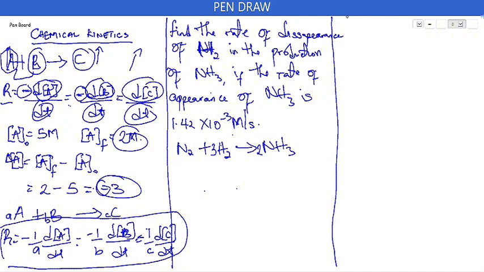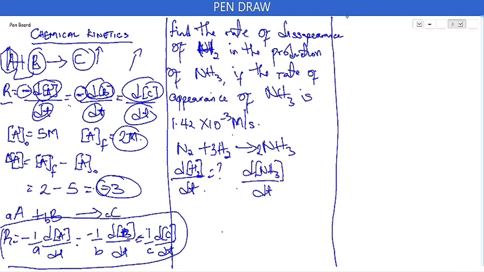They say we should look for the rate of disappearance of H2, that is d[H2] over dt. That's the question. Now they give us the rate of appearance of NH3, that is d[NH3] over dt, to be equal to 1.42 times 10 raised to power minus 3.